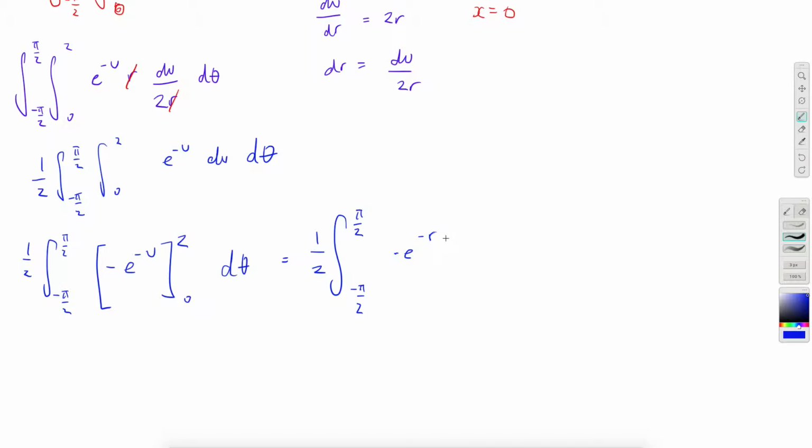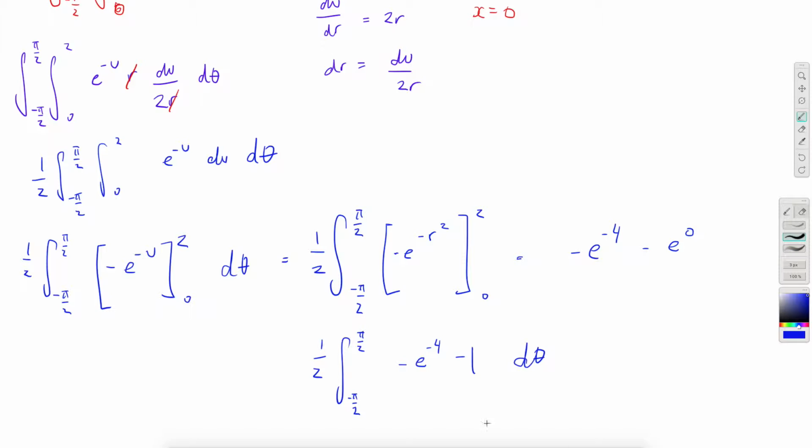Negative r squared. So we're putting u into that. So we're going to get negative e to the negative 4, negative e 0. So we're going to get 1/2, pi on 2, negative pi on 2, negative e to the negative 4, minus 1 d theta.